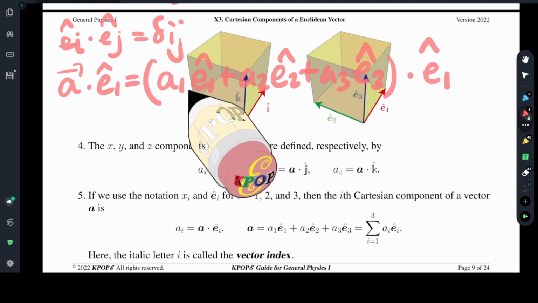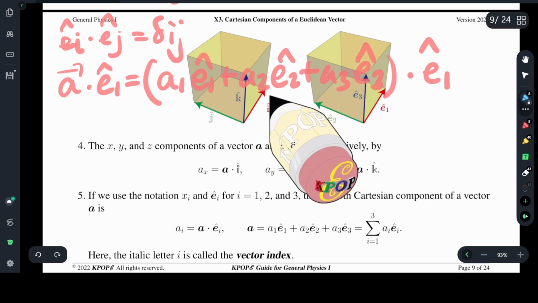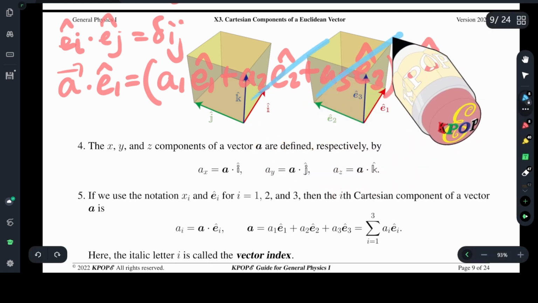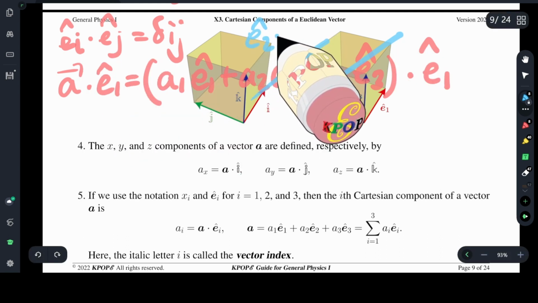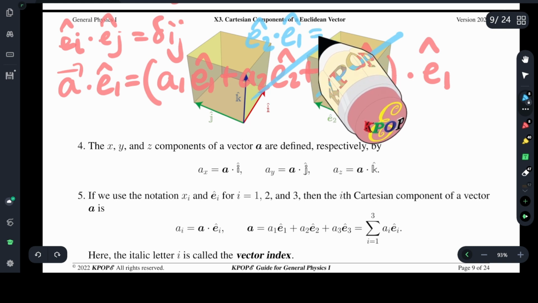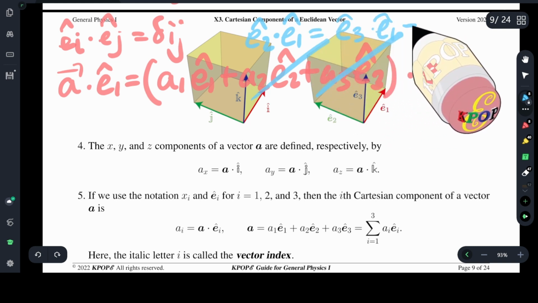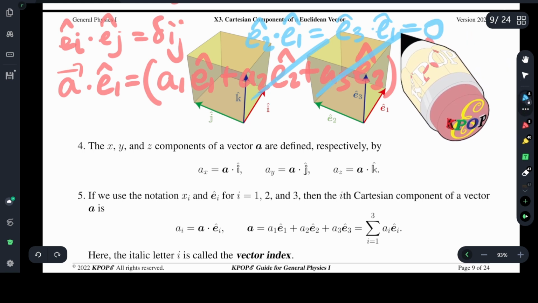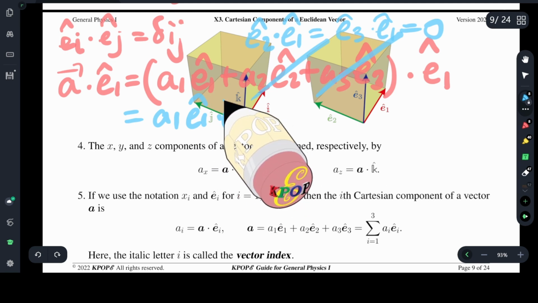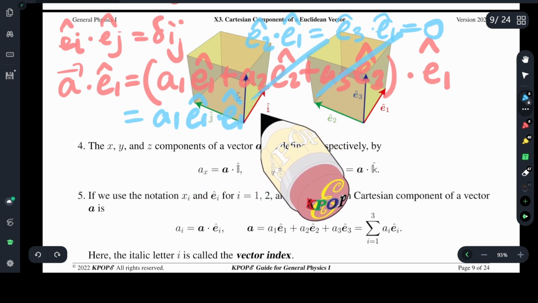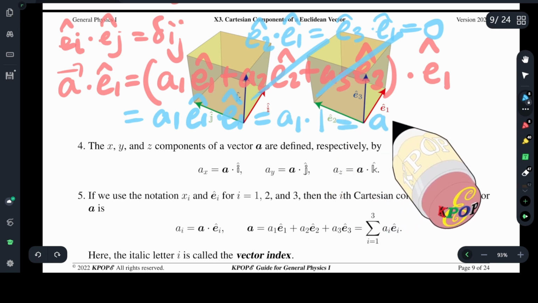However, in these three terms, the second and third vanish because E2 hat dot E1 hat equals E3 hat dot E1 hat equals 0. Therefore, we have A1 E1 hat dot E1 hat, which is A1 times 1, so this is A1.